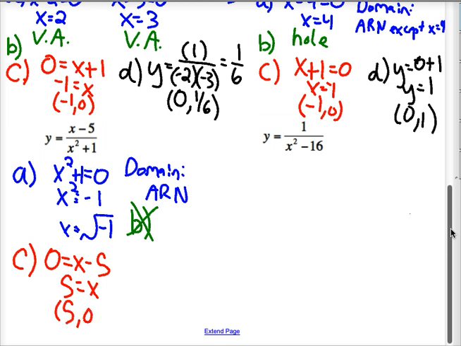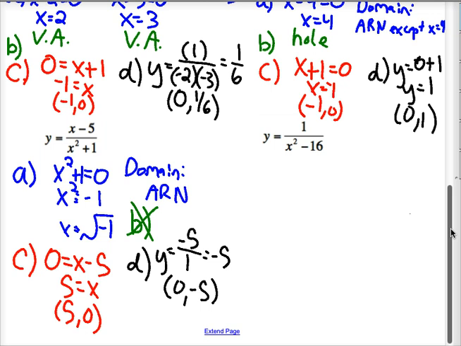So I get an x-intercept at (5, 0). Now remember the y-intercept is where we put 0 in for x. So we get -5 on top, 1 on the bottom, so we get -5 for our y-intercept.